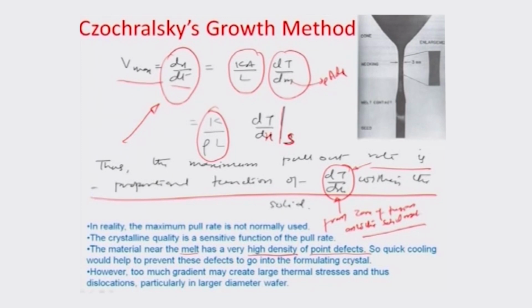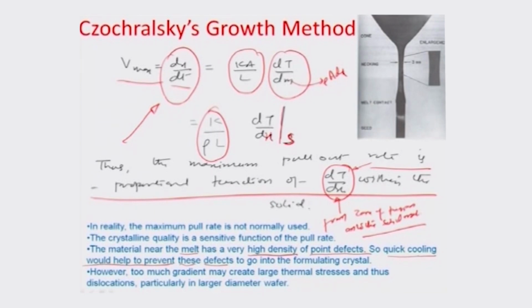So, quick cooling would, on one hand, create a lot of defects into the next forming zone from the liquid. Although the defects may not be going into the solid crystal, because you have very less time given for the cooling process or the solidification to take place.